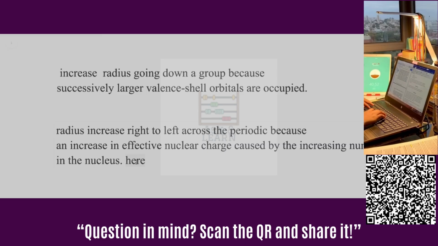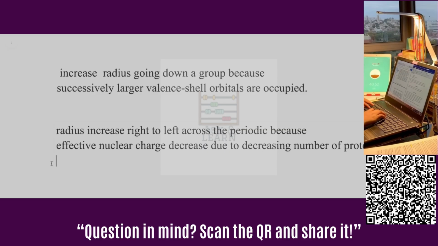Here is an increase in effective nuclear charge caused by increasing the number. So we're going to say that effective nuclear charge decreases due to a decreasing number of protons in the nucleus.